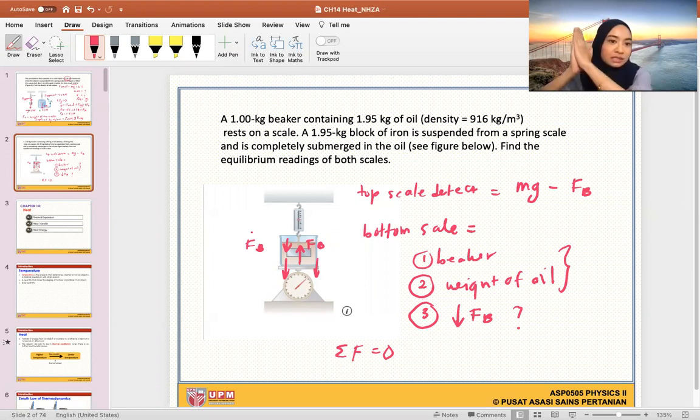Kalau ada FB je acting on it, the iron block would fly up and that would be crazy, right? Like kita letak dalam oil je dia meletup, letak dalam water je meletup because it's accelerating upwards.